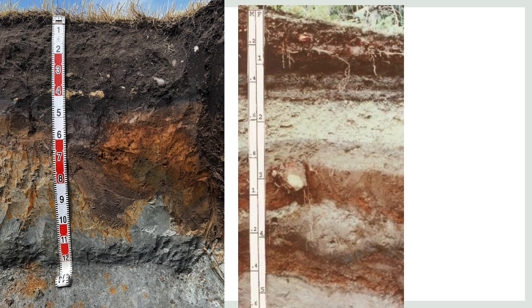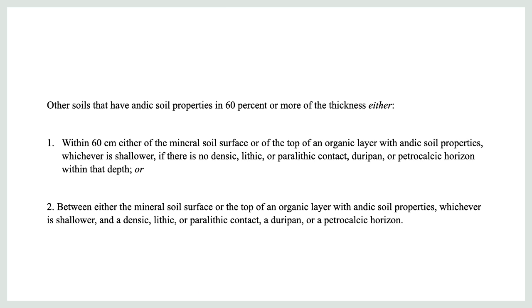You already saw also these pictures showing that we have these very dark horizons with the melanic pattern, and sometimes with this reddish or whitish color, these horizons with andic properties that are not the melanic pattern. They are another kind of subsurface horizons, which present the andic properties, okay?